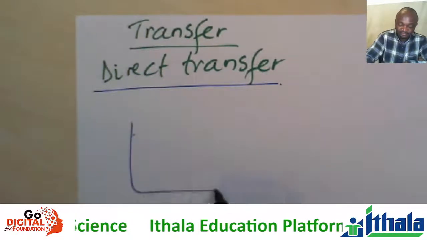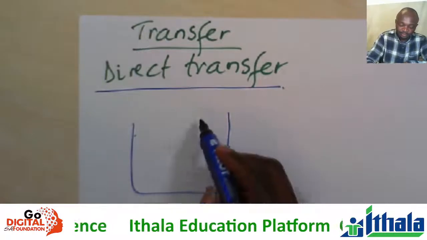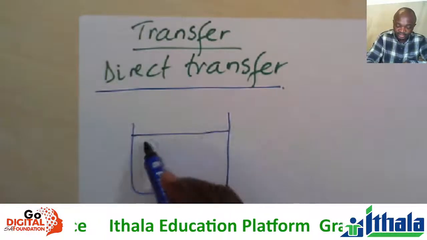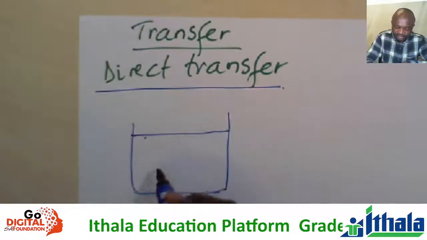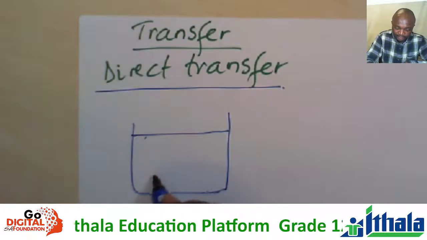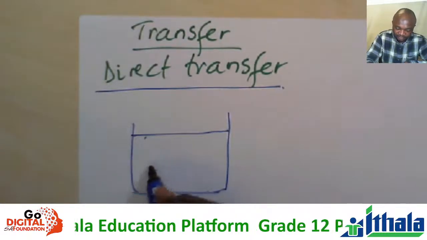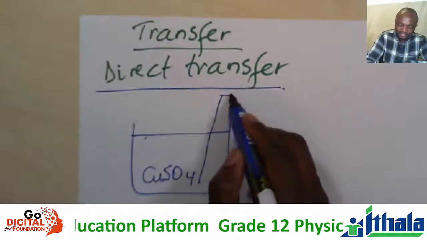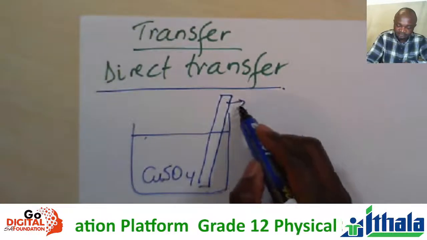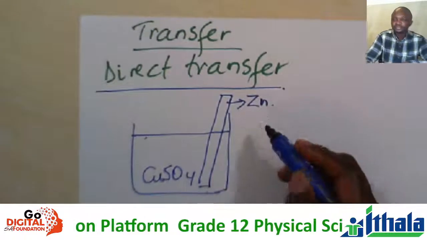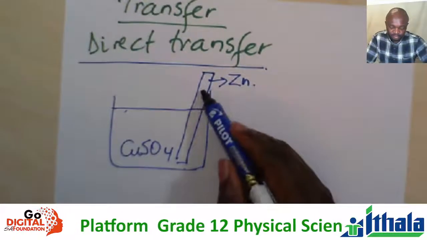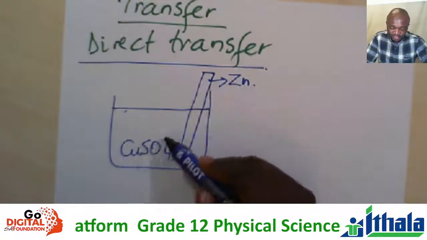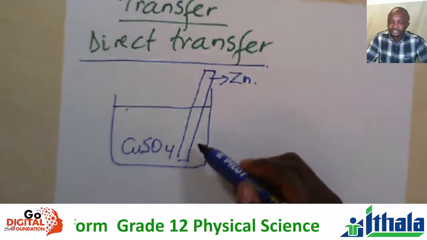So in direct transfer, maybe we have a compound like this, we have a solution here, maybe a solution of copper sulfate. That is a solution of copper sulfate, and then we put in a zinc rod, a zinc metal, right? So we see that the zinc metal and the copper sulfate are in contact.